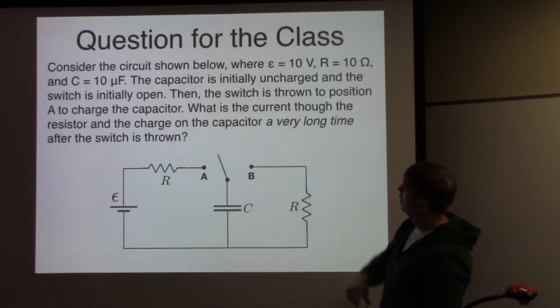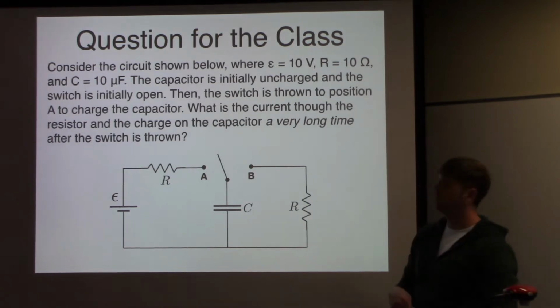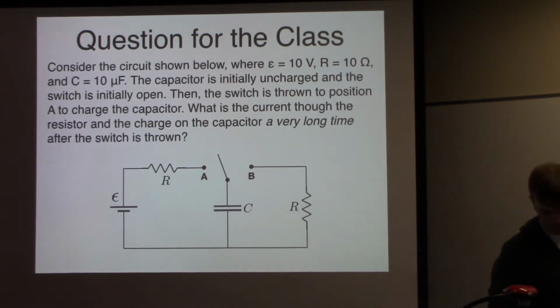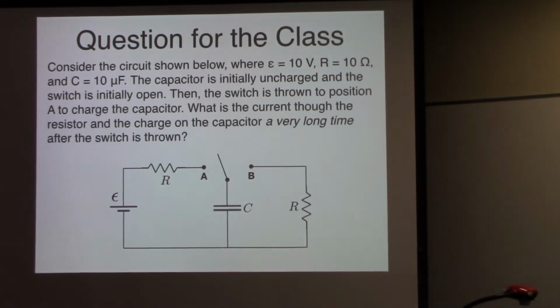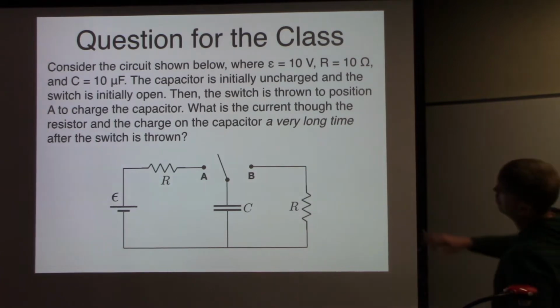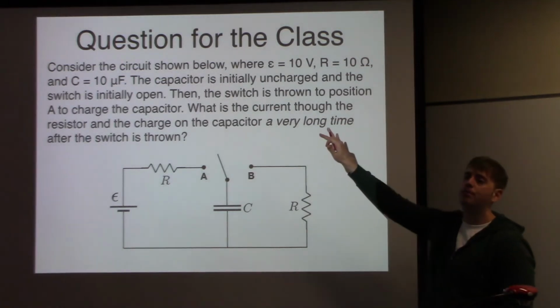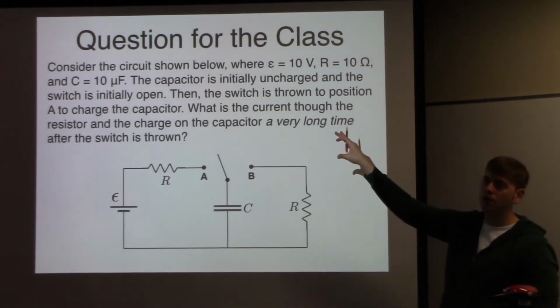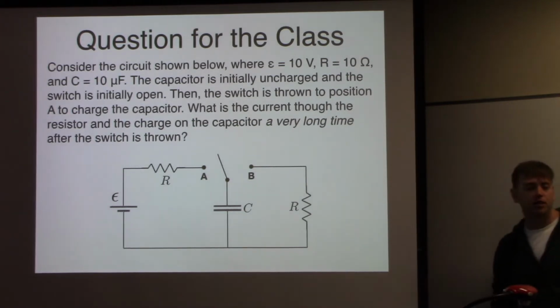So what is the current going through the resistor and the charge on the capacitor a very, very long time after the switch is thrown? That's the next question. The previous work that we did, we can still sort of use that. But again, I'd encourage you to pause the video and try to work this out on your own, and then come back to the video once you think you have an answer.